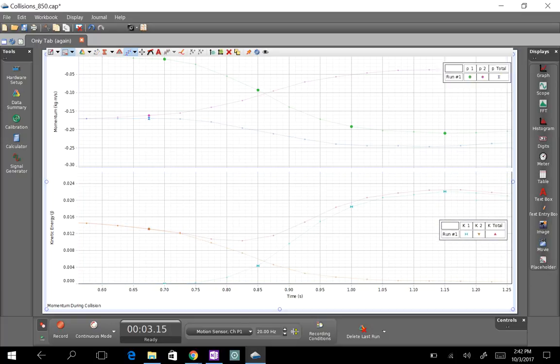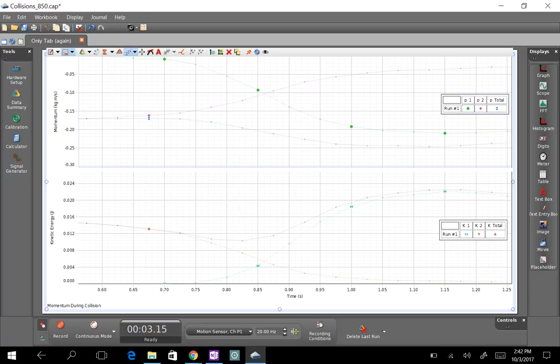You want to change your scale to something like this for your analysis so you can see, this is what happened. We don't care about all the stuff before the collision or all the stuff after. And so now we look and we say, this blue line did not appear to stay constant. It went to a bigger magnitude negative momentum. This line here did not appear to stay constant.